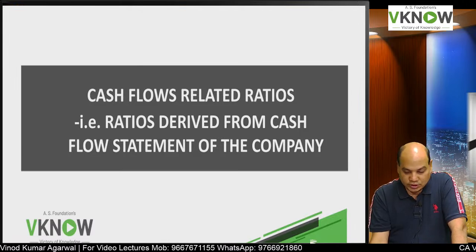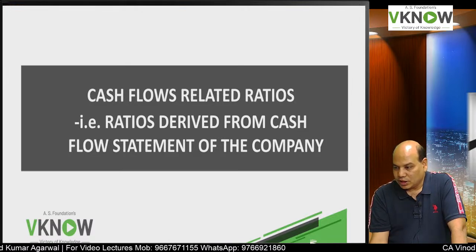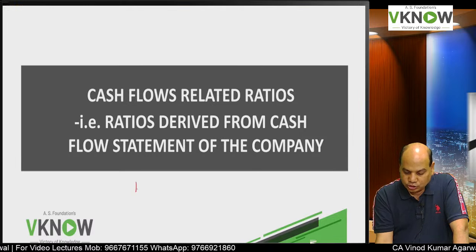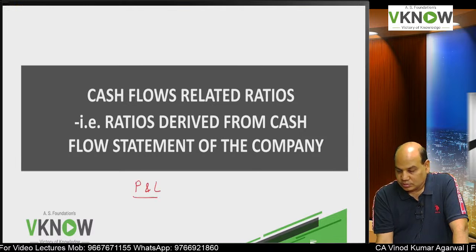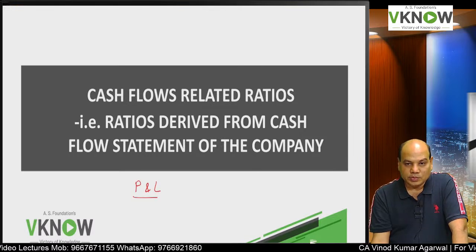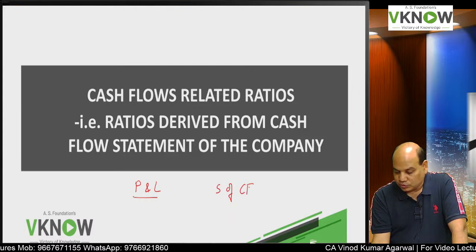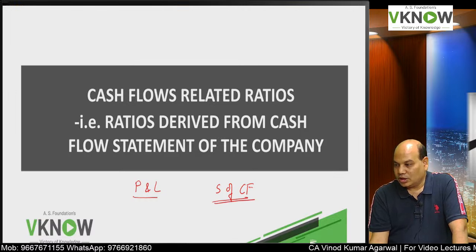So let us go to the next, 22 number paragraph, cash flow related ratios, ratios derived from the cash flow statement of the company. There are two important statements a company prepares. One is the statement of profit and loss and one is the statement of cash flow. In Ind AS we call it statement of cash flow.